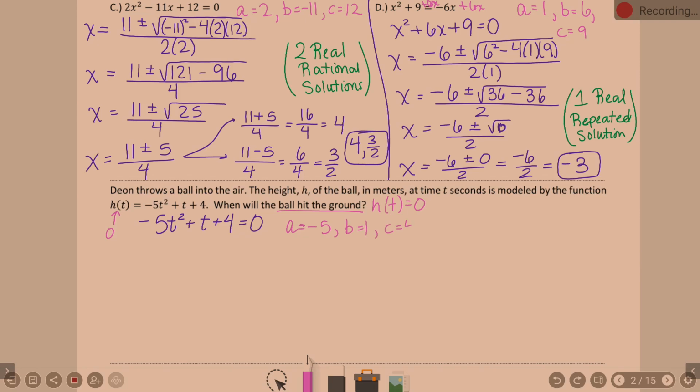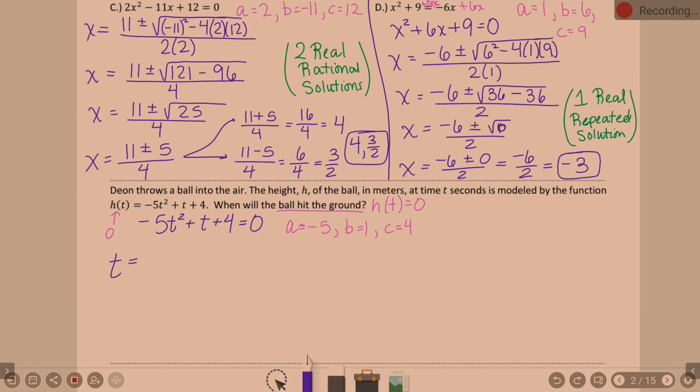Now, instead of saying x equals, I'm going to mix it up on you and say t equals. Why did I do that? Because we're not solving for x here, we're solving for t. Now, I'm not a stickler on that, to be honest, but proper form is what I should be doing here.